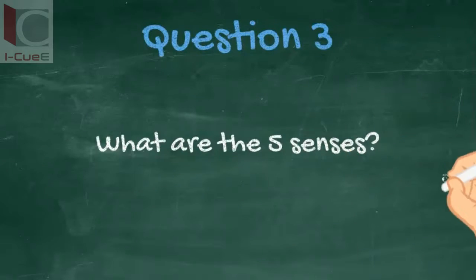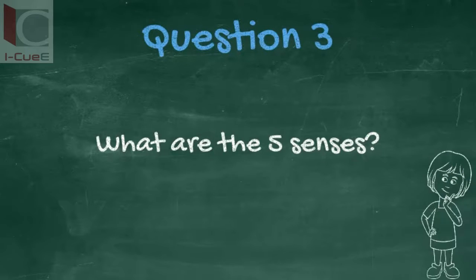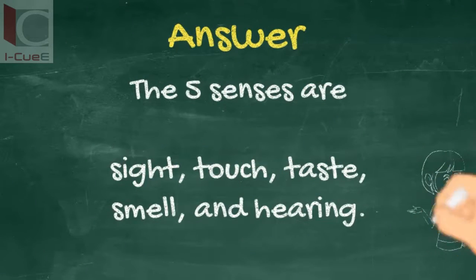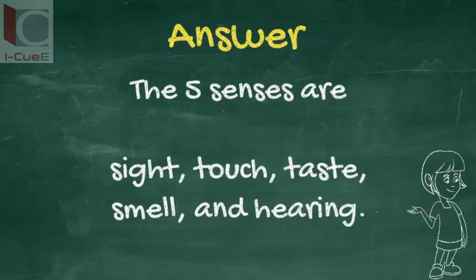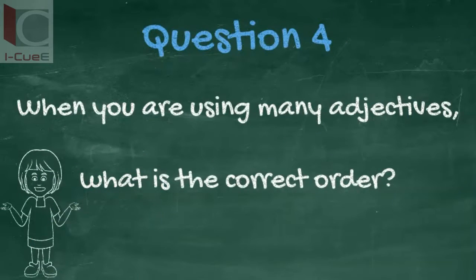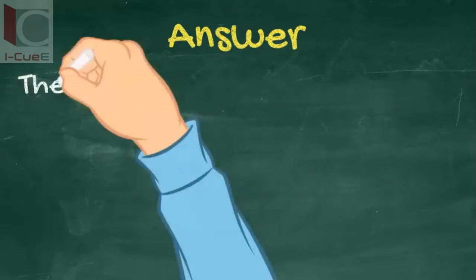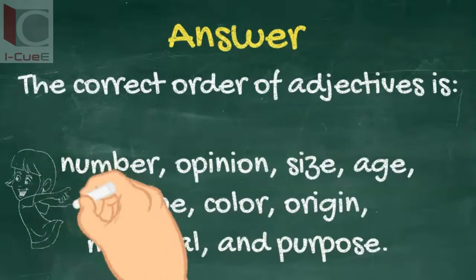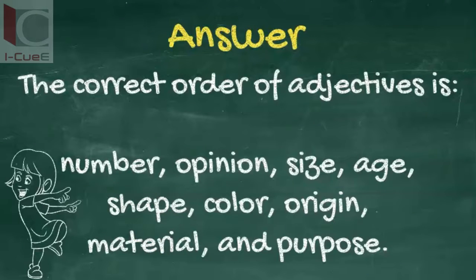What are the five senses? The five senses are sight, touch, taste, smell, and hearing. When you are using many adjectives, what is the correct order? The correct order of adjectives is number, opinion, size, age, shape, color, origin, material, and purpose.